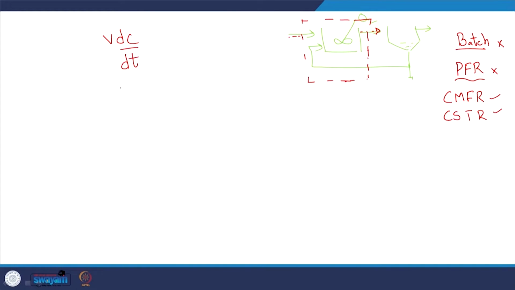If it is negative, it is decreasing. It will depend upon mass coming in, Q in C in, minus mass going out, Q out C out, plus volume times the rate of formation minus rate of loss of the compound, which I can replace by R net. So, this is the mass balance equation we are going to use and apply throughout this session.